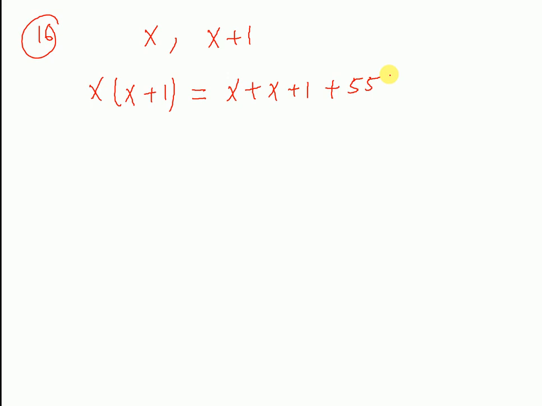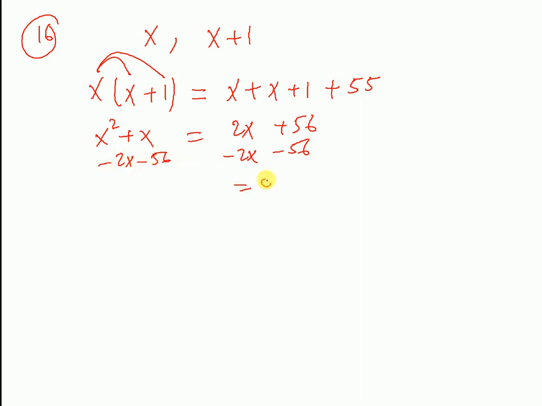So we are finding the solution for x. Multiply here and here. I got x squared plus x, and combine these two, I got 2x and then plus 56. I move that to the left side, and I got 0 on the right side.